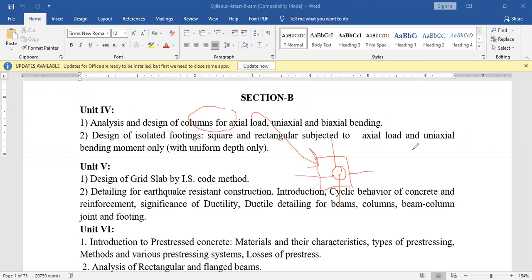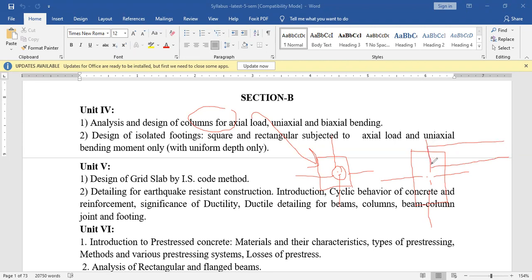But sometimes it may happen that, sorry, if suppose this is a column here in the plan, and now due to certain reasons, this beam is going to be placed like this.